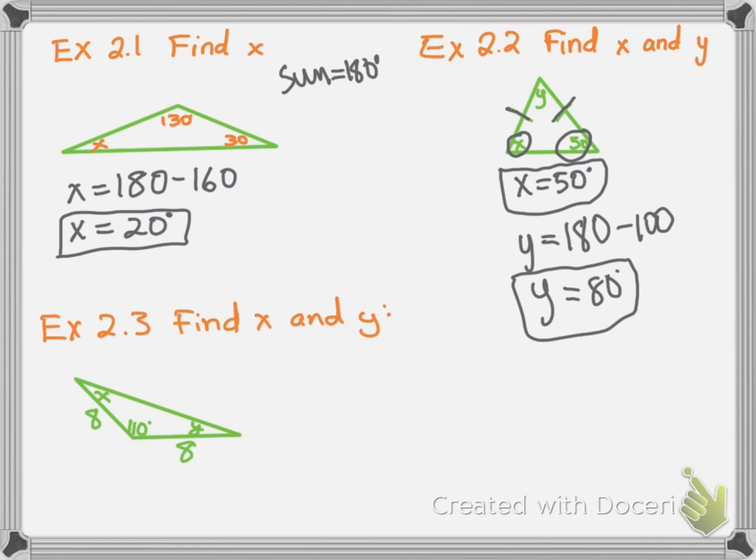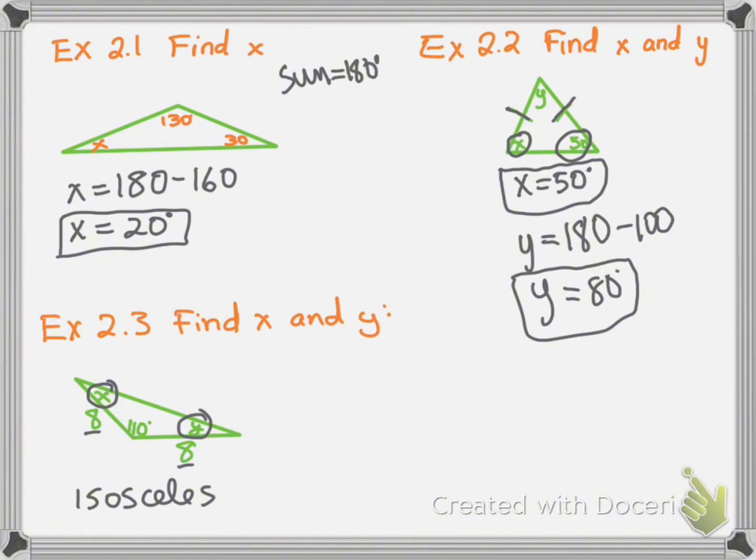Finally, in example 2.3, to find x and y, they're also telling us in another way that this is an isosceles triangle. How? Well, by saying that these two sides are 8. Since they're both 8, now we know that this triangle is isosceles. And in the same way that we saw in example 2.2, these two angles are going to be the same.